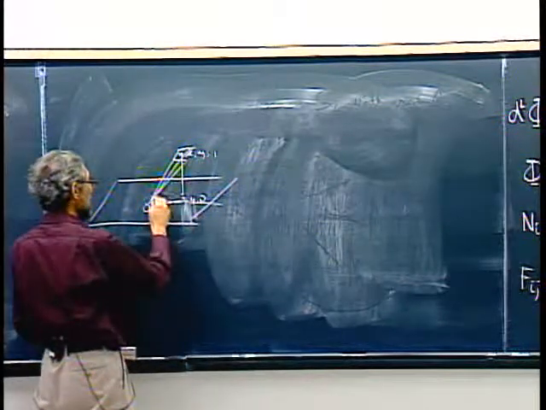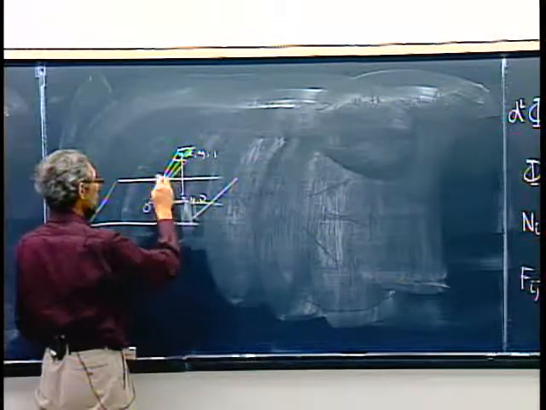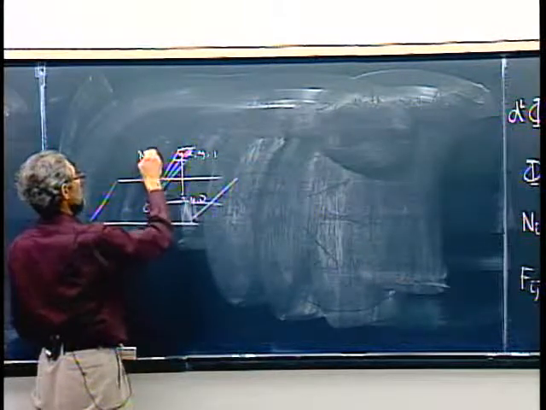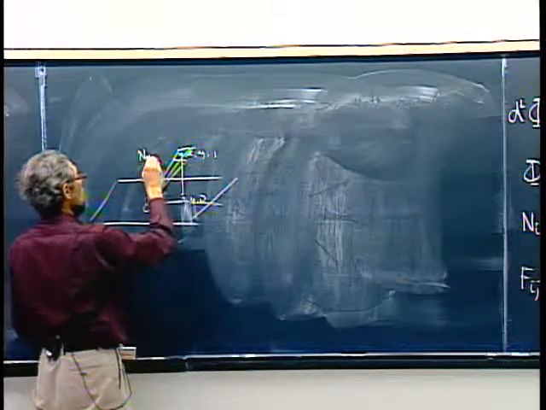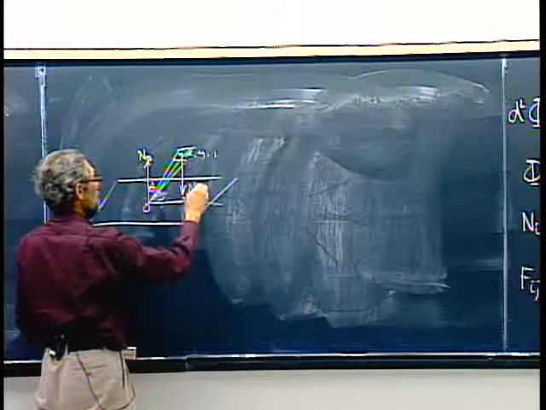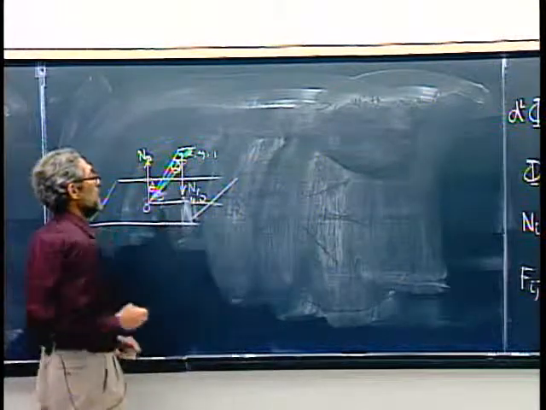So I have this angle theta, between here and the normal at the origin, and here is the normal at the pixel, pointing in the opposite direction, and this theta is the same.